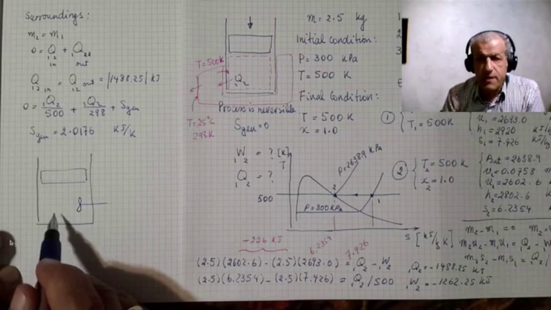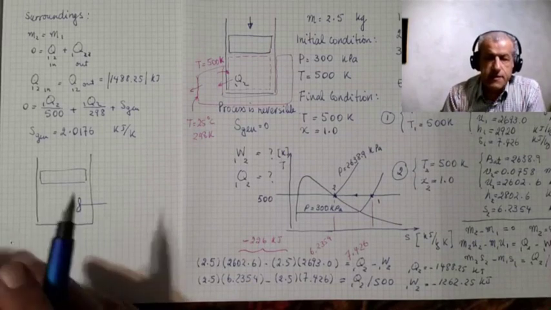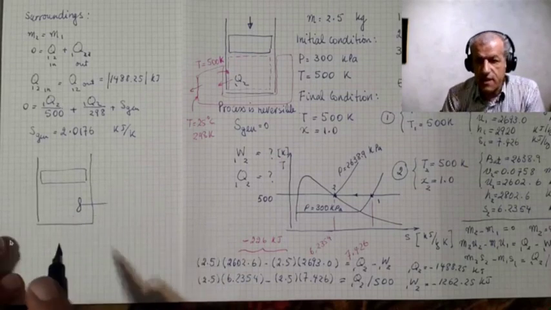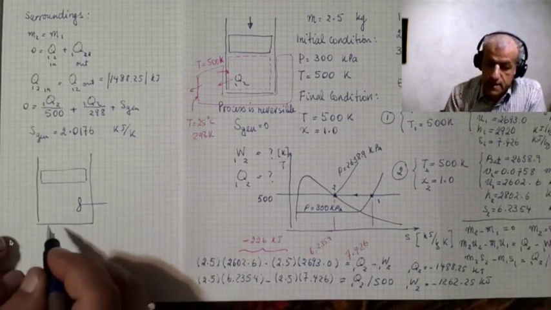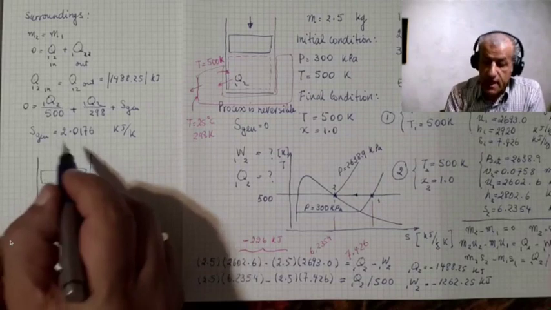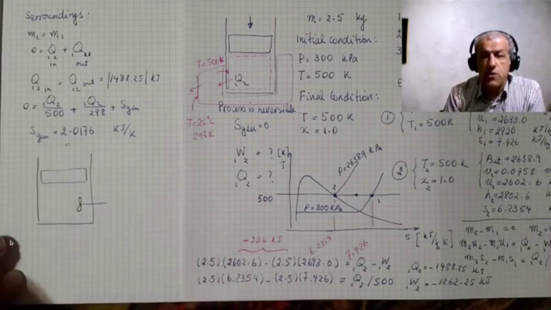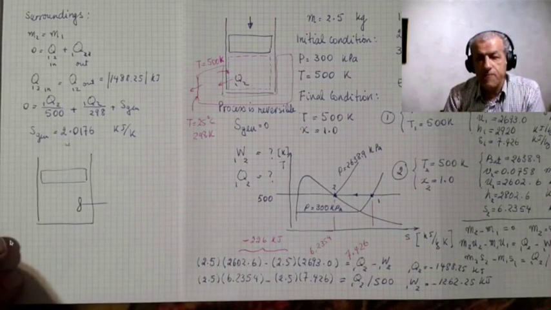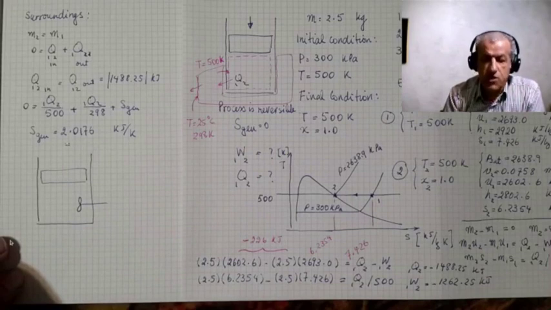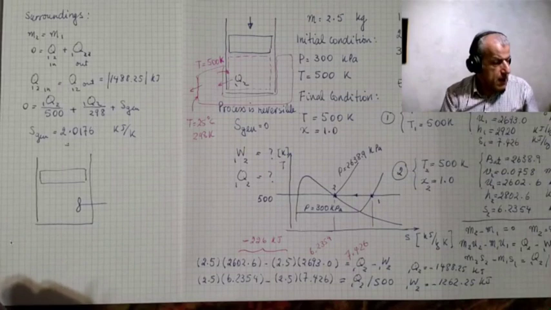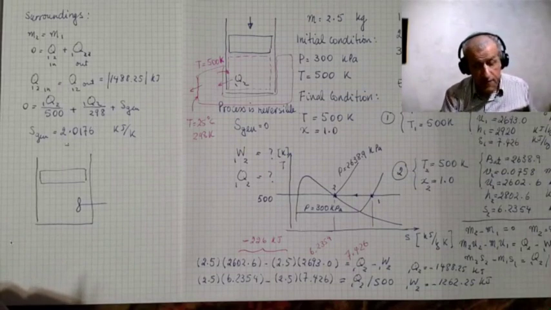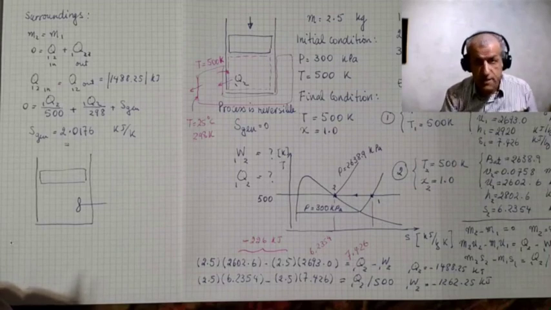And for the sake of simplicity, I would assume that in this second case, the entropy generated would be this one. I would use the same number for the generated entropy. I would try to see what would happen if this was the case.